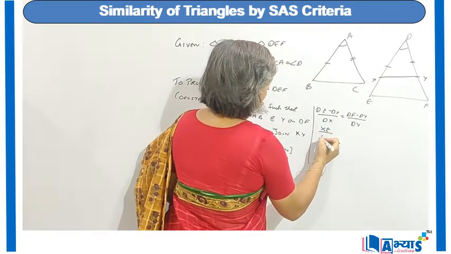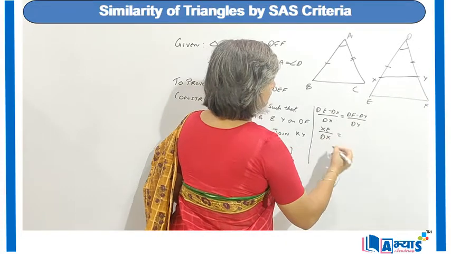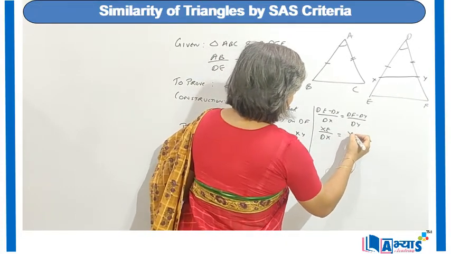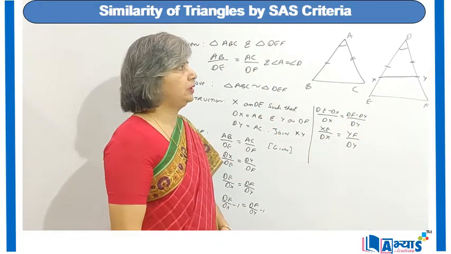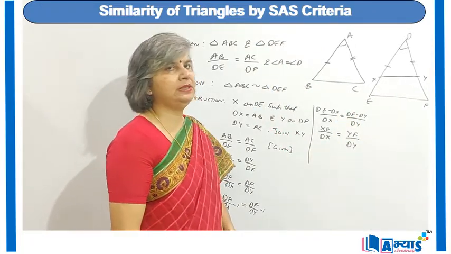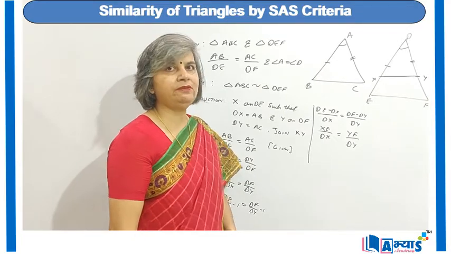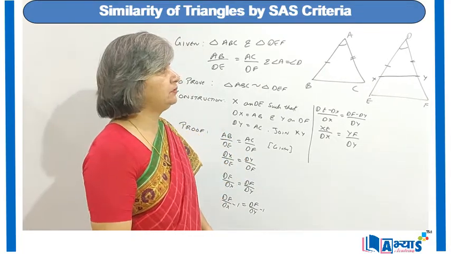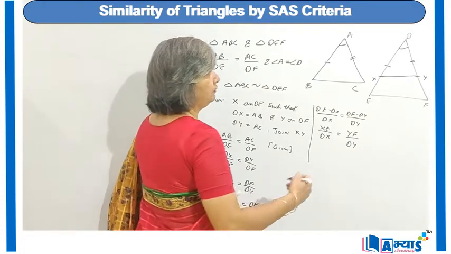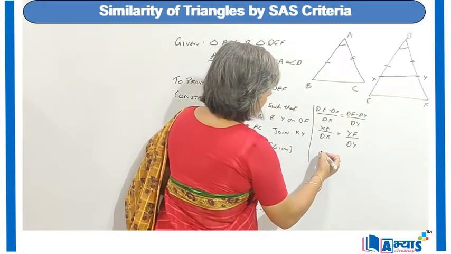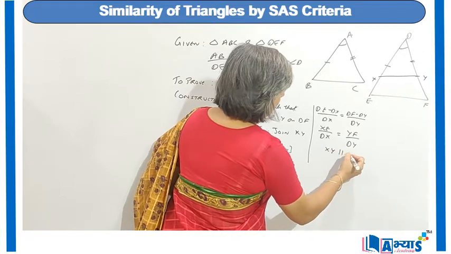XE upon DX will be equal to YF upon DY. Now we have found the ratio that DX upon XE is equal to DY upon YF. This will be only possible if XY is parallel to EF.